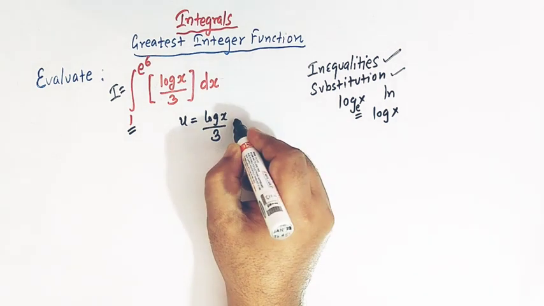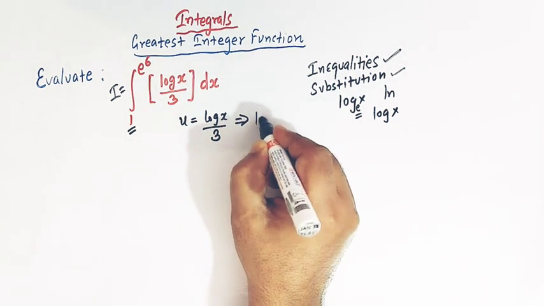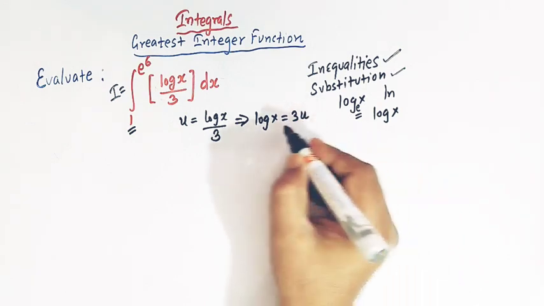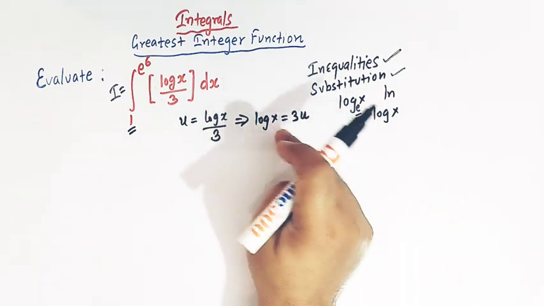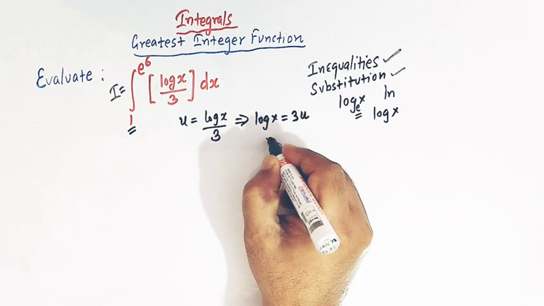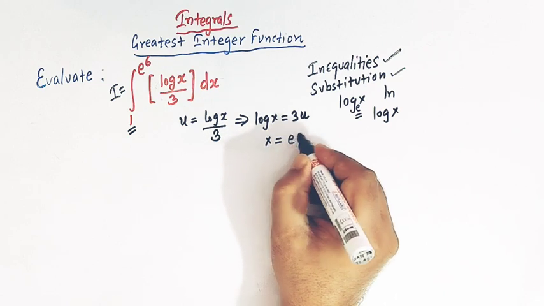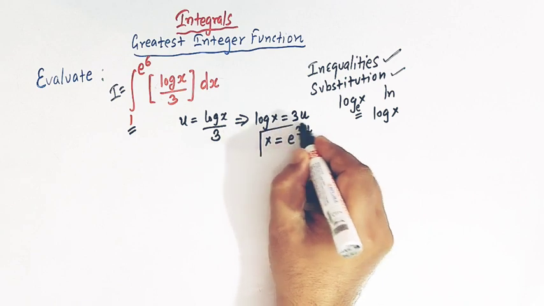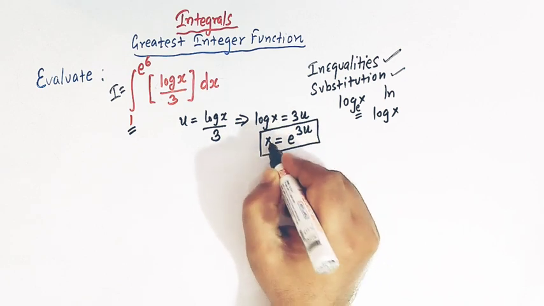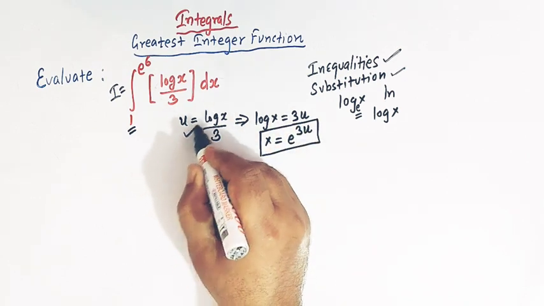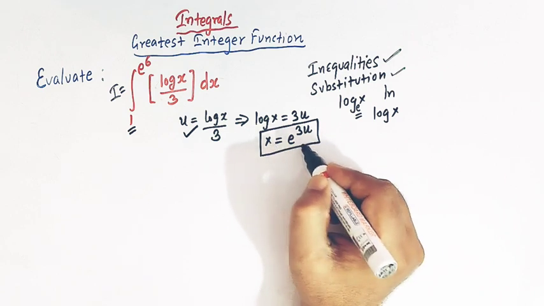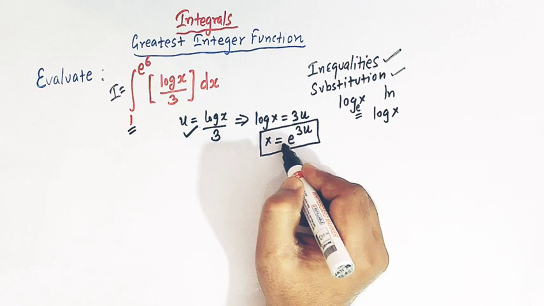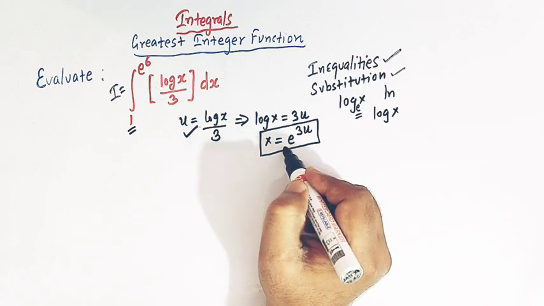From this equation we can write log of x is equal to 3u, and by definition of log, x is equal to e raised to 3u. So these two statements are equivalent.